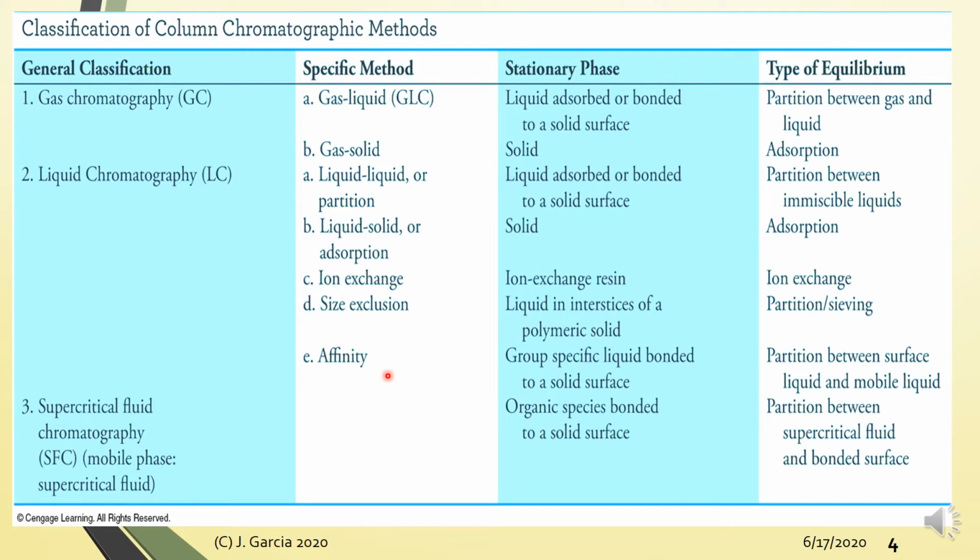Now, for column chromatography, the general classifications are based on the mobile phase. If you have a gaseous mobile phase, then you have gas chromatography. If you have a liquid mobile phase, then you have liquid chromatography.